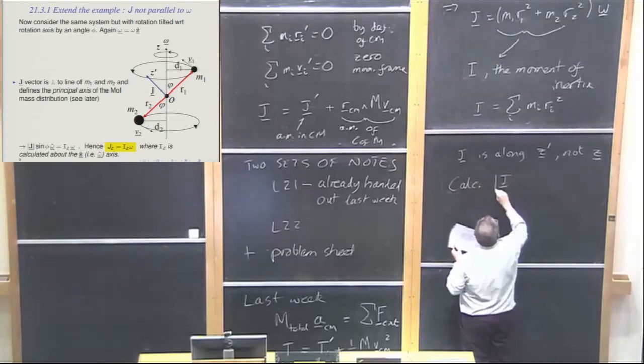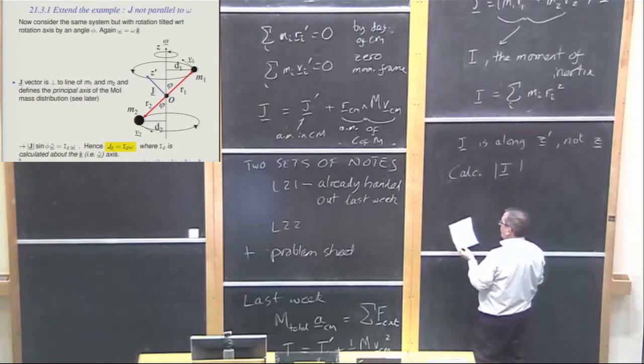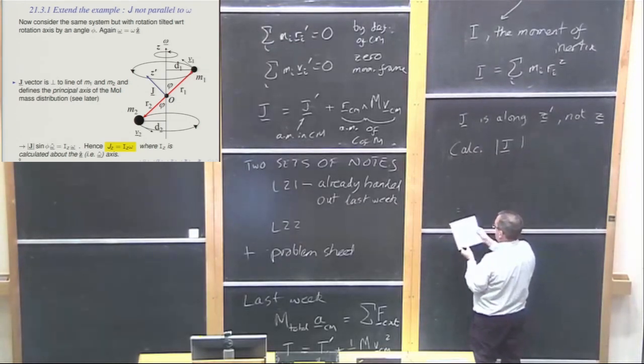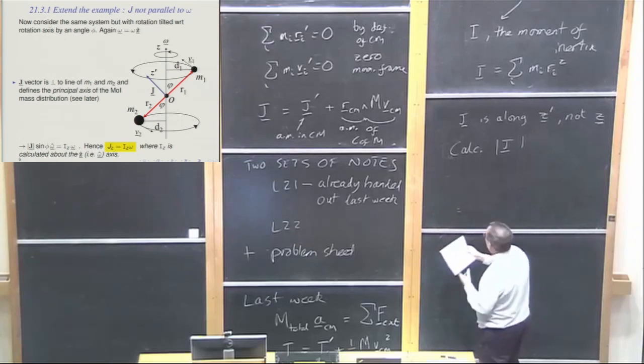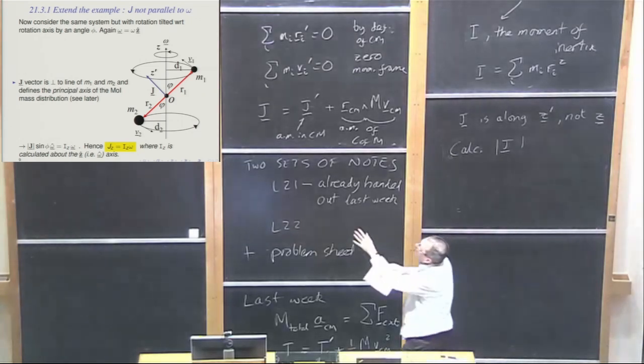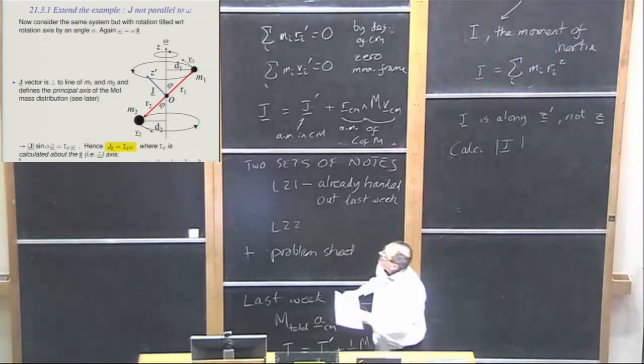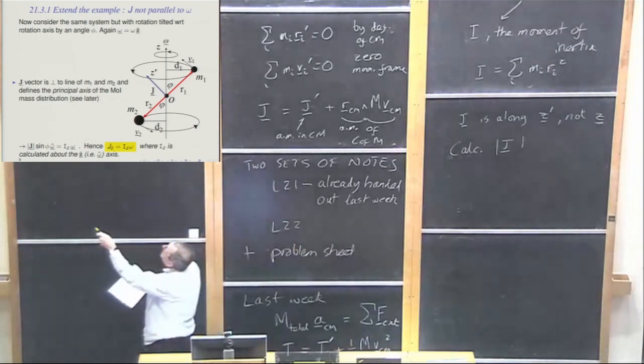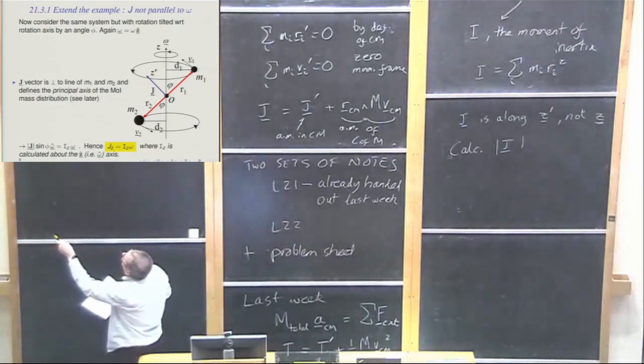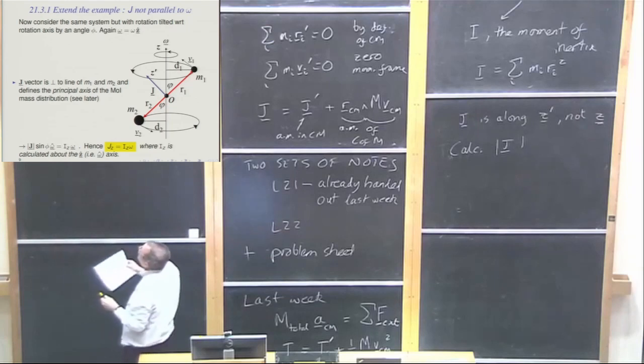Despite this being tilted, V is still perpendicular to R1, so we just need to multiply the magnitudes together.